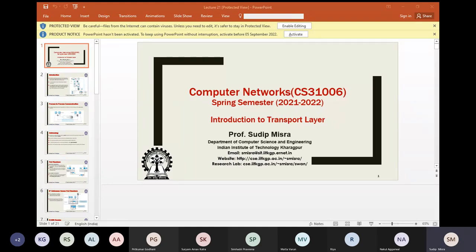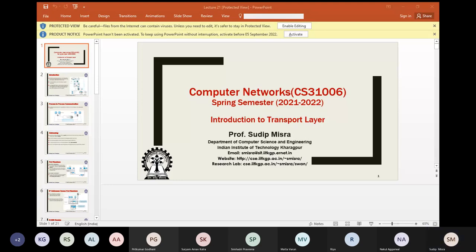In the network layer, what is the addressing mechanism called? IP address, right? Whether it is IPv4 or IPv6, it is the IP address, isn't it?